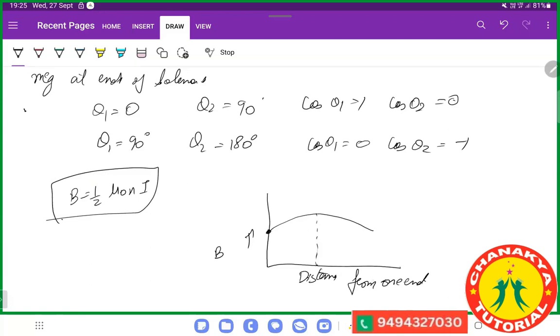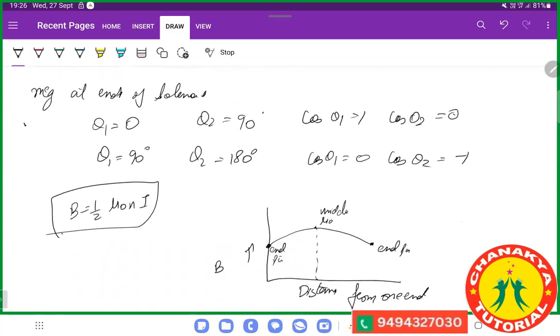This is the end point, and this is the other end point. This is the middle point, where we got mu naught n I. Here we got mu naught n I by 2. This also is mu naught n I by 2.